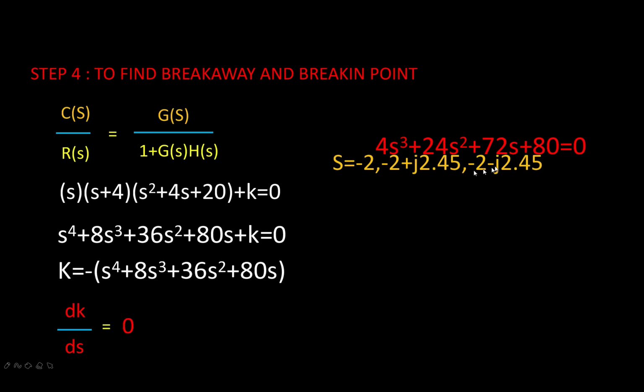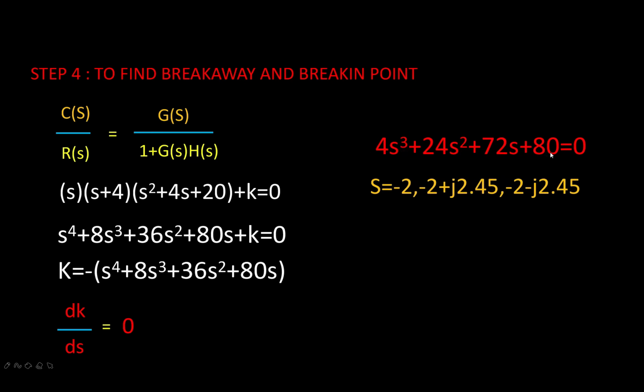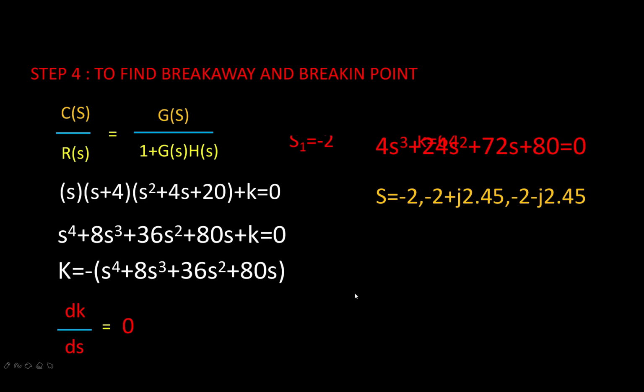On solving this cubic equation using a calculator, we get -2, -2 plus j2.45 and -2 minus j2.45. We'll take first s1 equal to -2 and substitute it in this k equation and verify whether the answer is positive or negative. We'll take another s value, s2 equal to -2 plus j2.45, and k is 100 now.